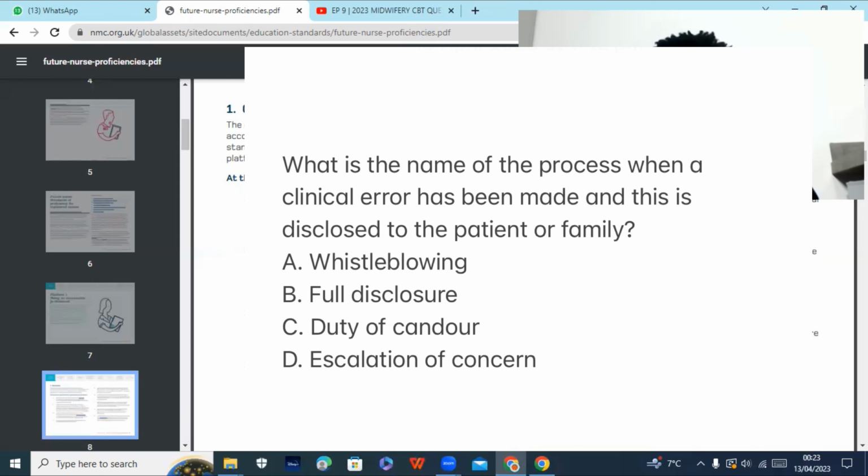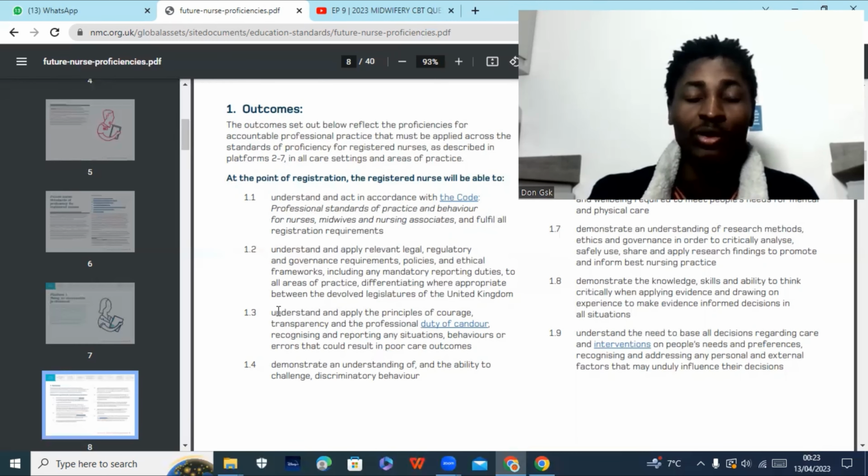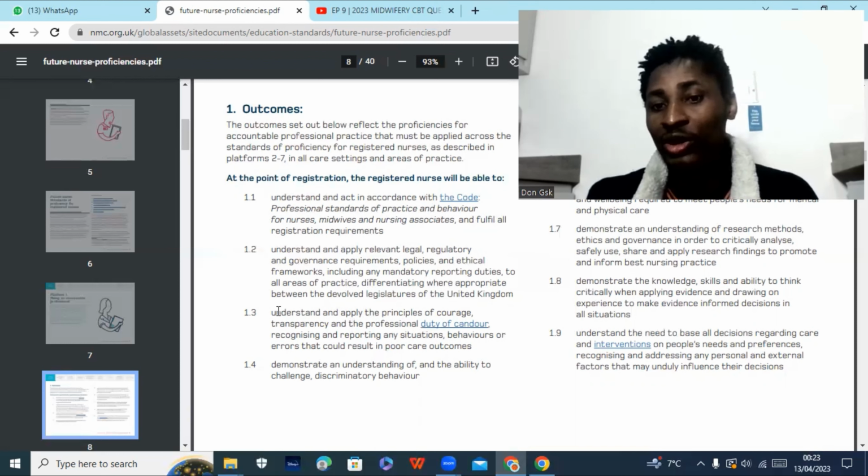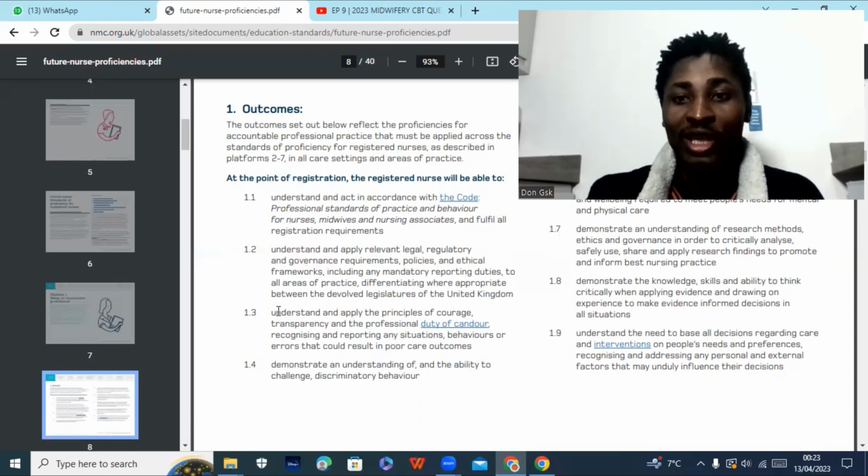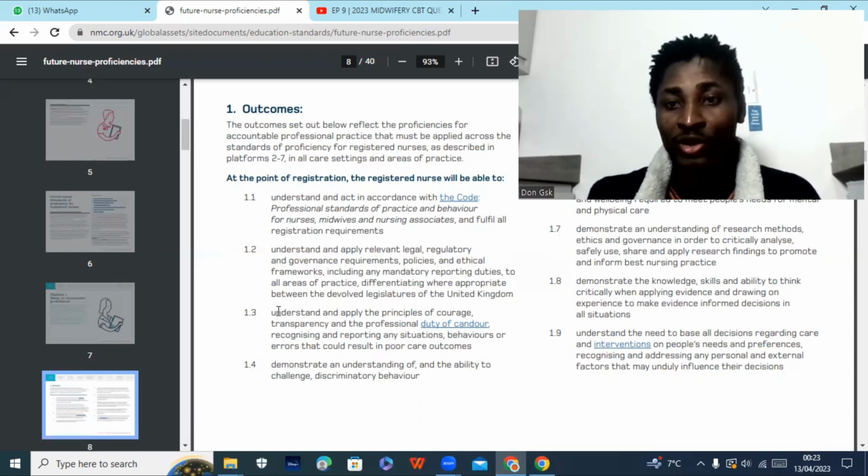So it means that if you don't know what that is, and mind you, they can paraphrase the question, twist it, and do whatever they want to do with it. But as far as you've read Professional Duty of Candor, you understand it and know how to apply it in circumstances, there's no way you'll fail the exams.